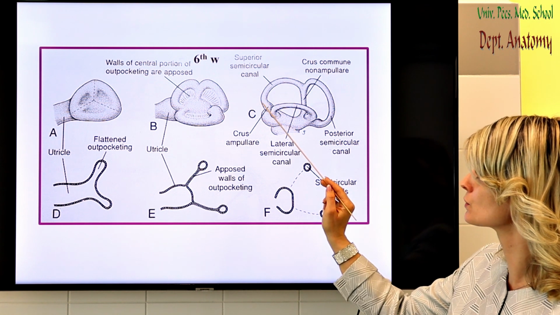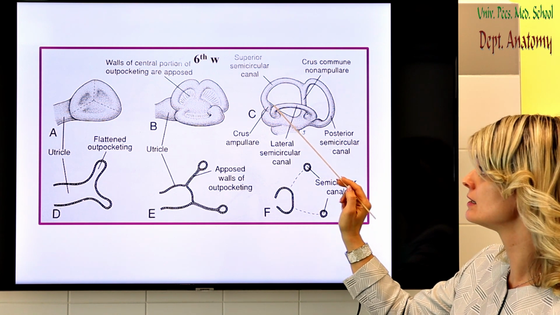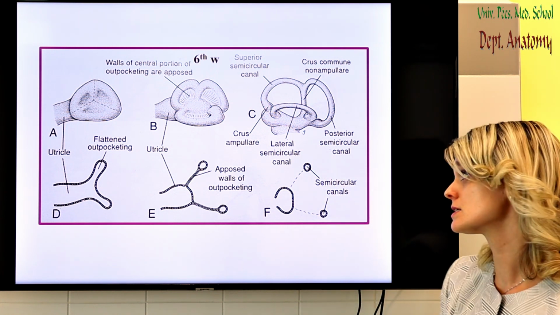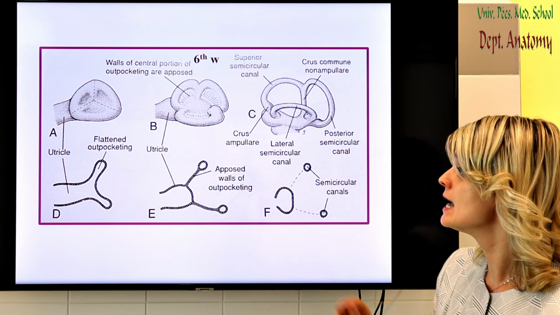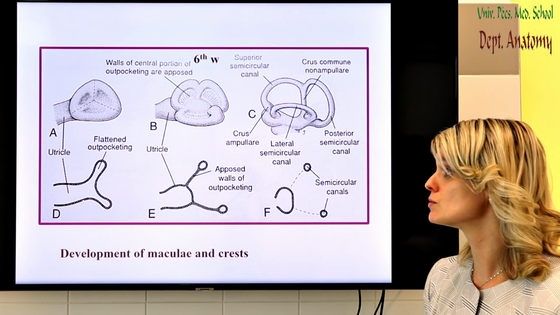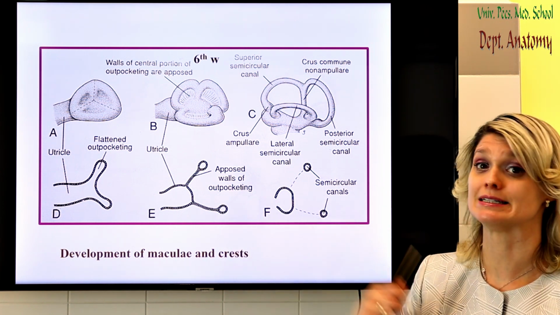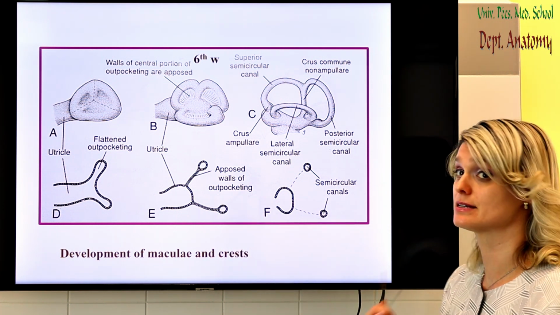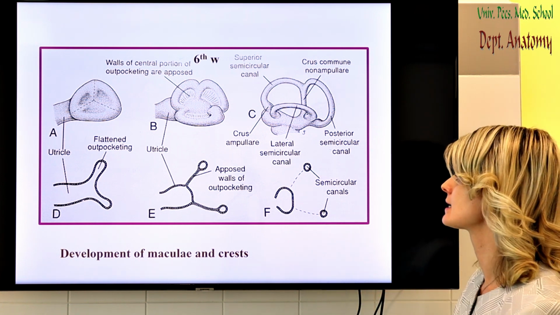Here within the ampulla we can see the crista, the receptor, and within the utricle and saccule we have the maculae, the receptors of linear acceleration. The cristae are for angular acceleration.